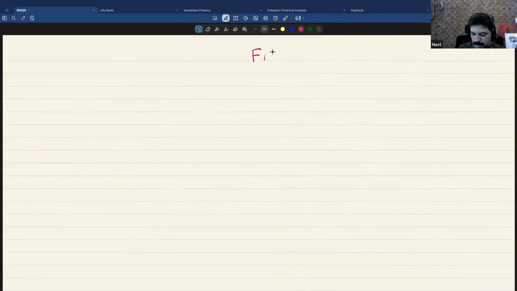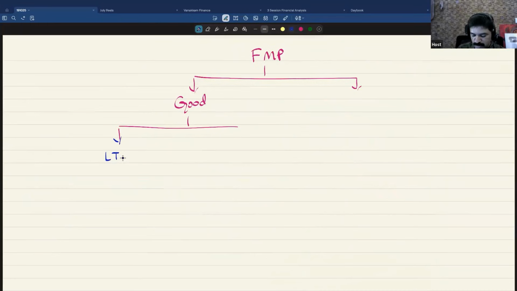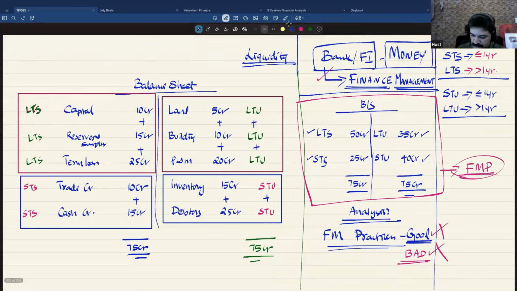See, the financial management practices can be classified into good and bad. What is good financial management practice? In business, you can raise funds from long-term source and you can use it for long-term use. Okay. I think they did that. They raised funds from long-term source. They used it for long-term use.